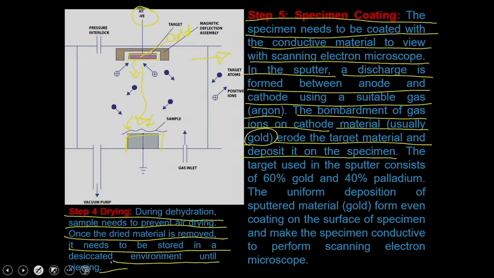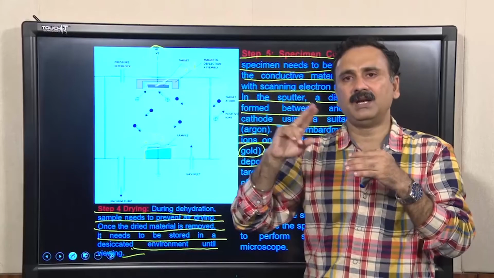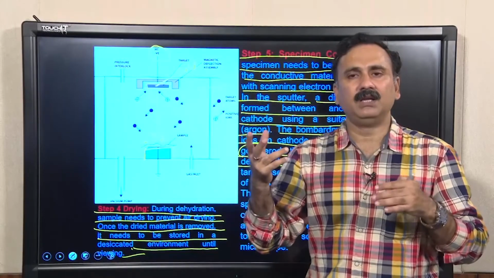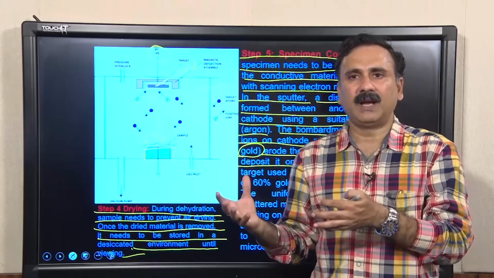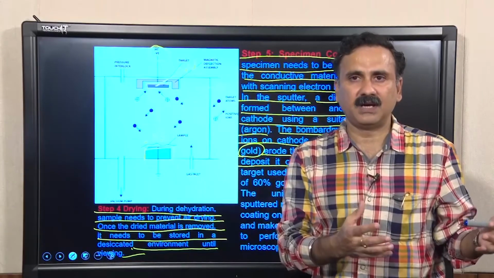It is not going to disturb the morphology, instead it makes a thin coating so that you can study the morphology of the sample, because wherever the gold is present it diffracts and scatters the electrons, and that is how you can capture the back-scattered electrons as well as the scattered electrons.